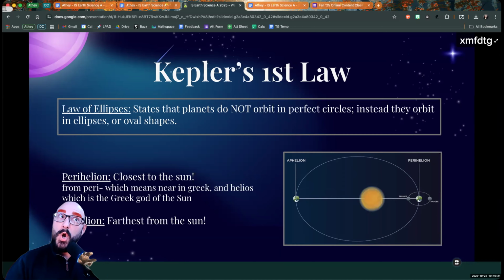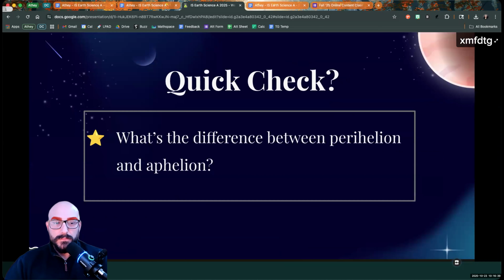So the sun is so much larger than the Earth that, yes, technically our orbit is an ellipse, but if you zoom out, it looks very much like a circle. But the math for a circle doesn't work out. Okay. So, what's the difference between perihelion and aphelion? What's the difference, guys?